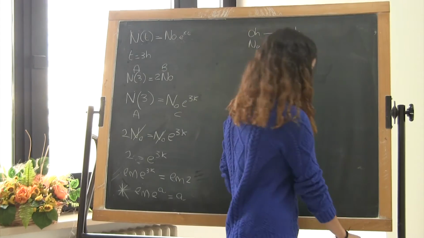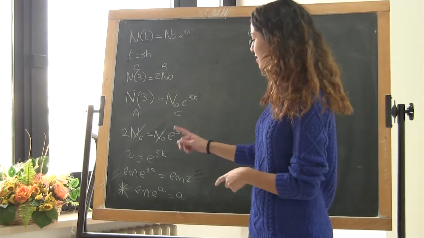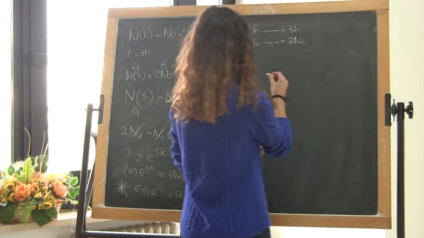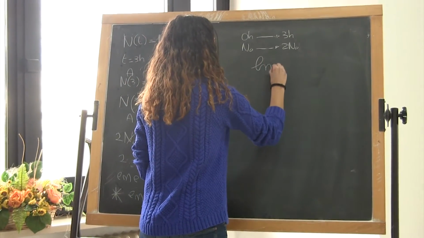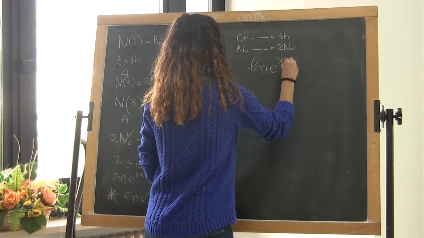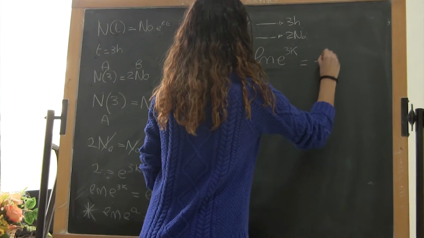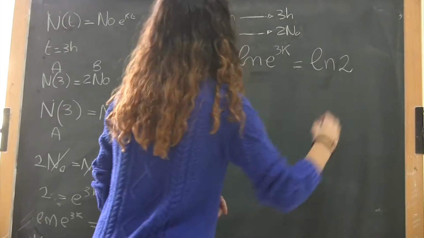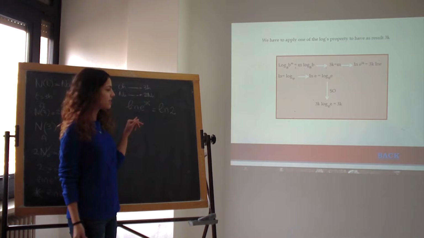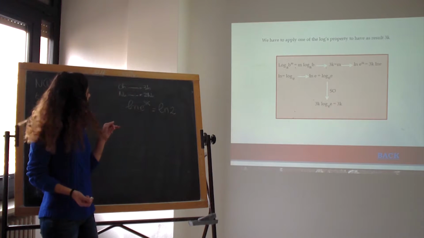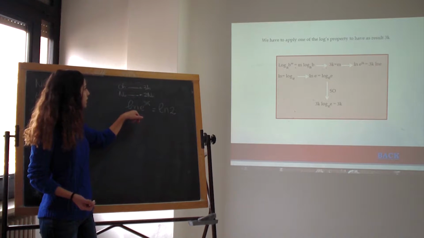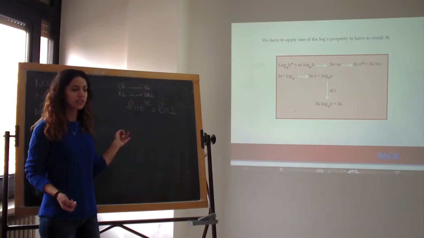So now I'm going to write this equation. And now I'm going to analyze this member, and so I can apply to it one of the logs properties.